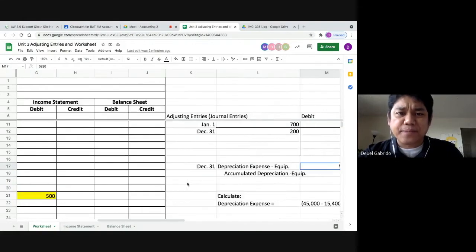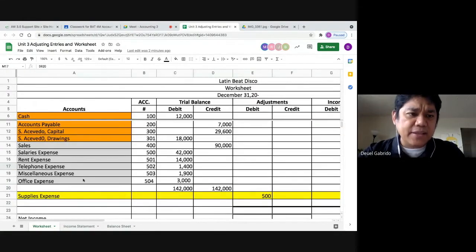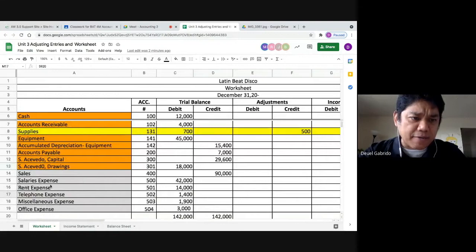So here, let's see. Is depreciation expense part of the expenses or not? Look at my trial balance. Is depreciation expense here on the list of expenses?